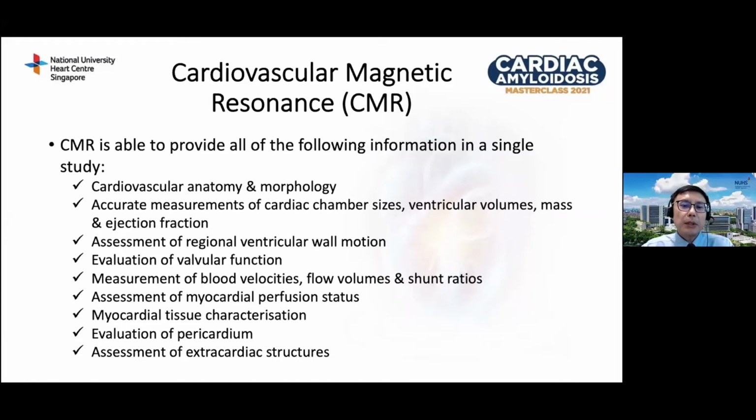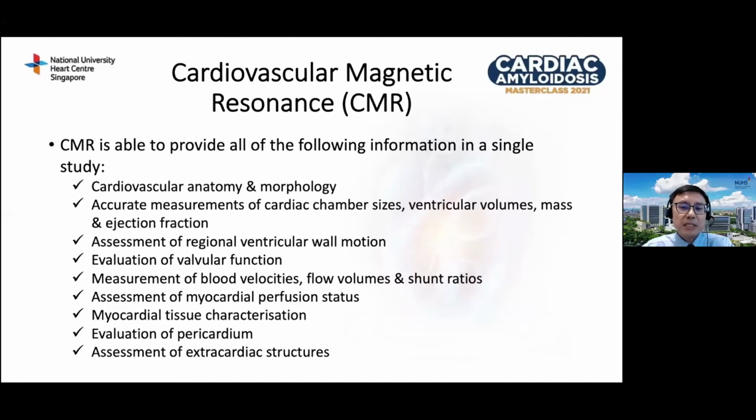We can accurately measure cardiac chamber sizes, ventricular volumes and mass, and ejection fraction. We can assess regional wall motion abnormalities, evaluate valvular function, and measure blood flow velocities, shunt ratios and cardiac output.